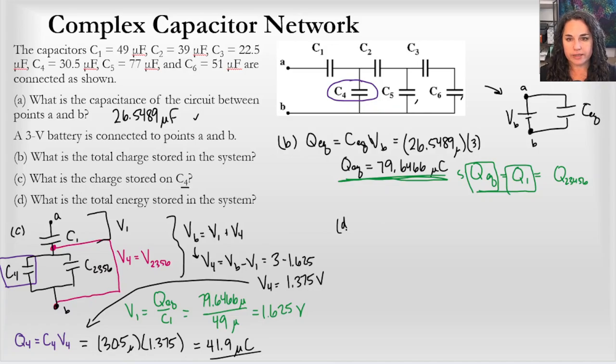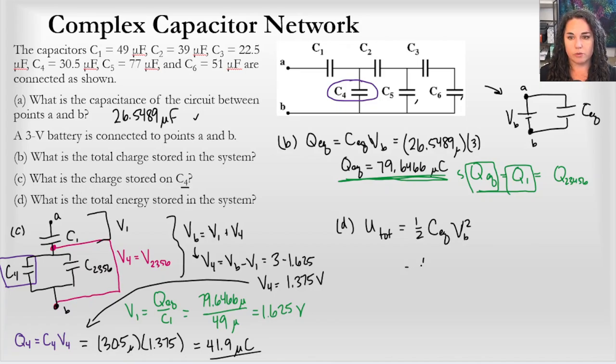So let's do this last part, the total energy stored in the system. Well, you've seen in the past two, I could find the energy stored in each capacitor and then add them all together. A convenient thing to do here is just do the equivalent for the whole circuit: one half C equivalent V squared, whatever that voltage on the battery is.